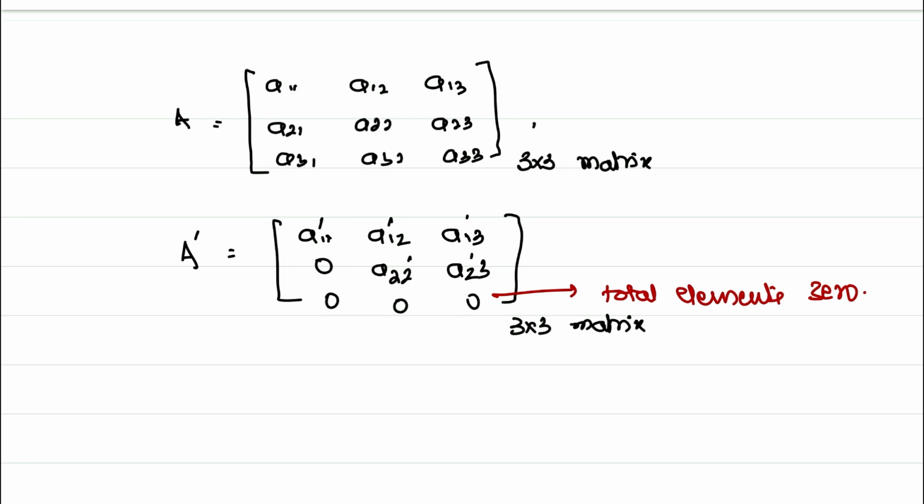Because all elements in a row or a column are 0, what is the determinant? Element into cofactor, element into cofactor, element into cofactor. That is the addition of all those. What is the determinant?